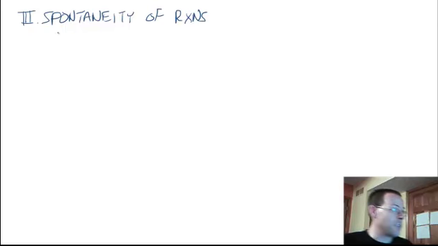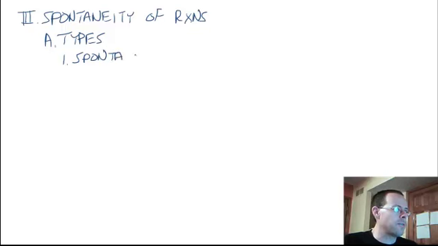So spontaneity of reactions. Types of reactions is going to be the Roman numeral A. So types, and we basically have two types. We can have both spontaneous reactions and non-spontaneous reactions.